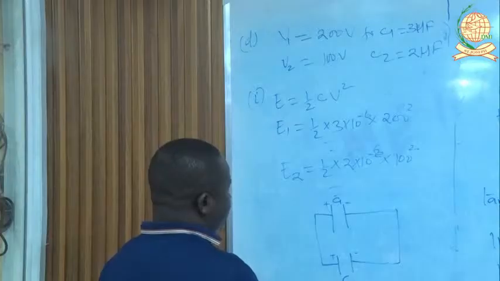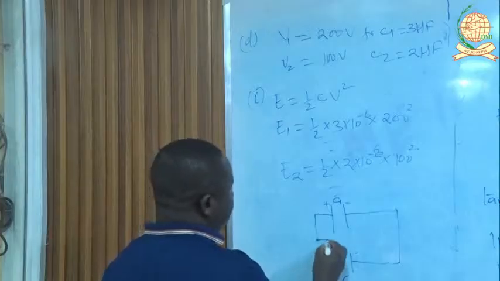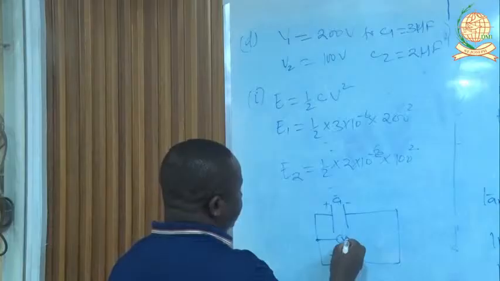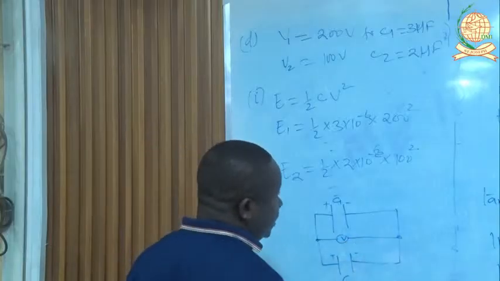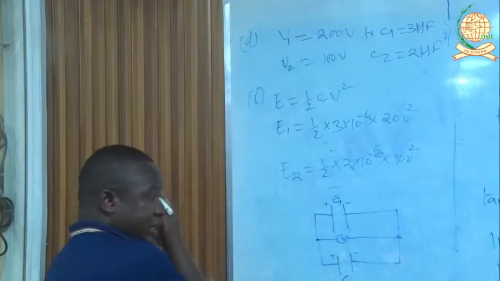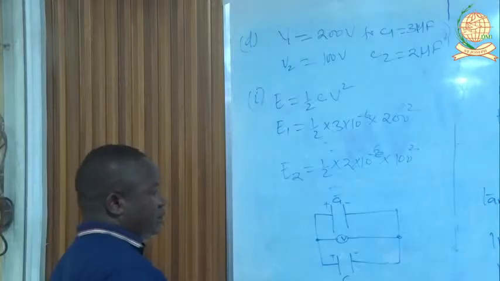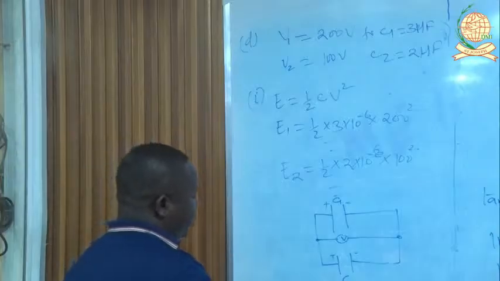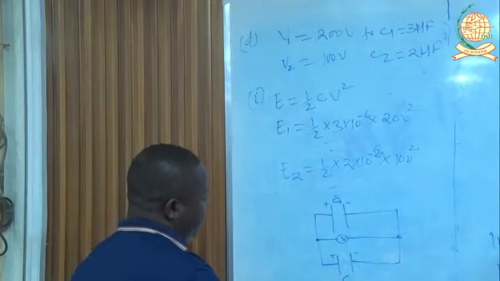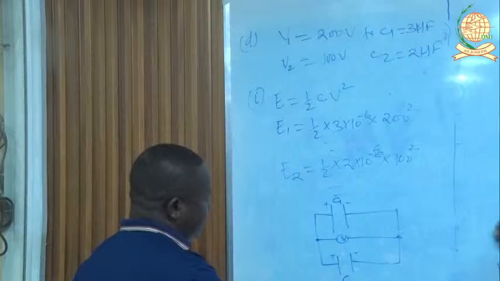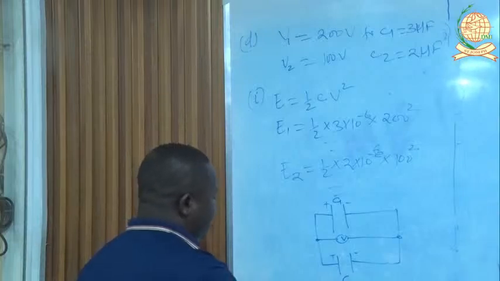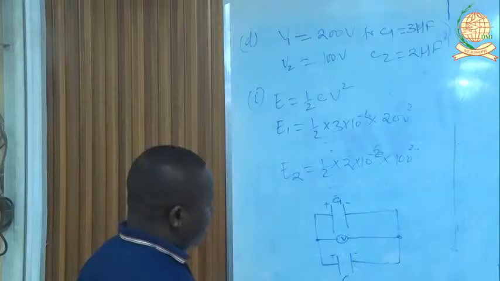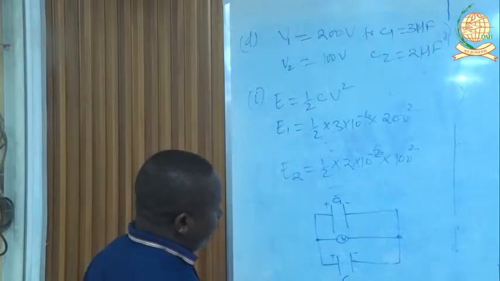So the question is, what is the energy? First of all, there is a common voltage which is going to be developed between the two terminals of the capacitor. So the final energy will be equal to a half times the equivalent capacitance times the common voltage square.